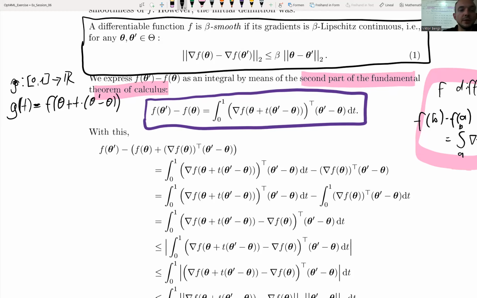It's a univariate function, so you plug in a univariate value between 0 and 1, and you get something real valued, because f is mapping it to a real value. All right, what's the derivative of g with respect to t? And this is something we had in the lecture today. We applied the chain rule.